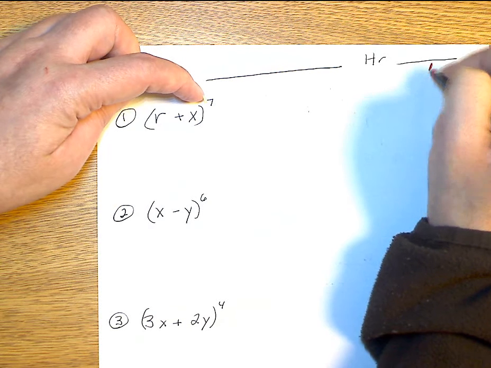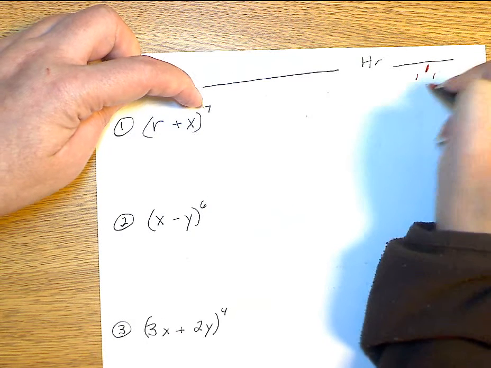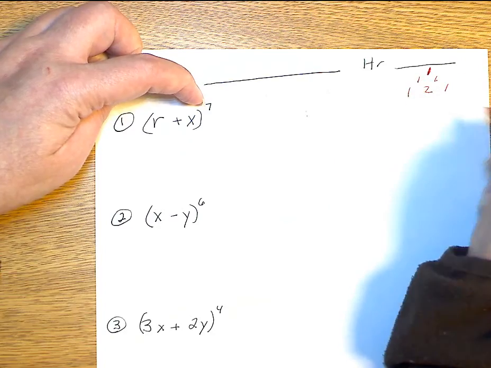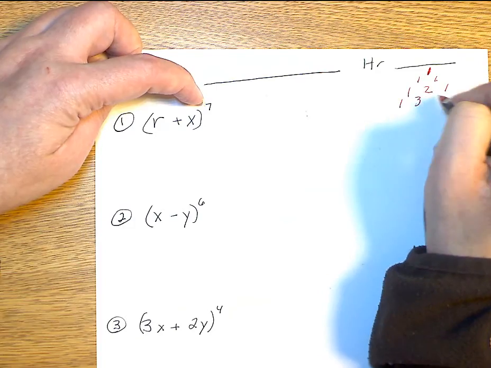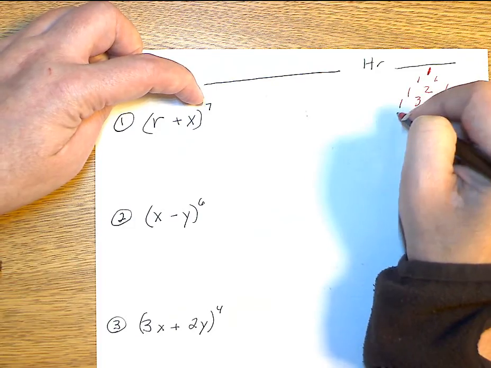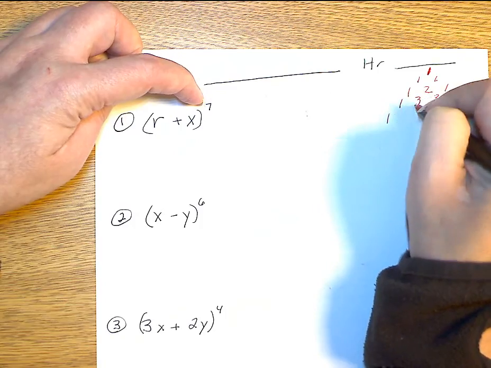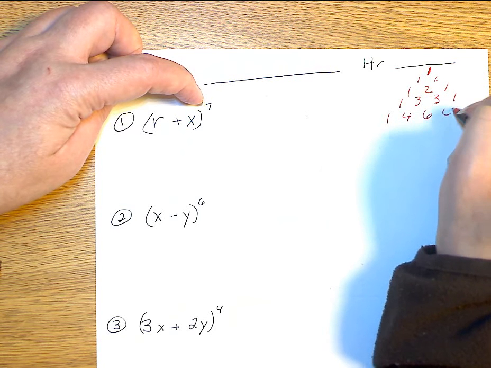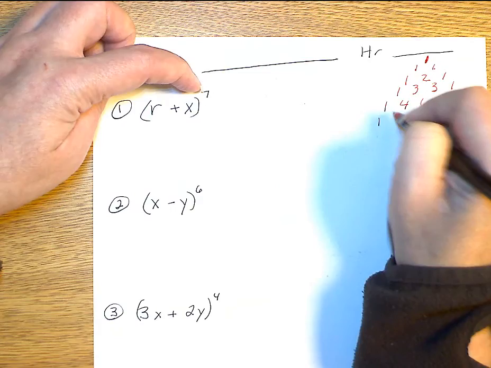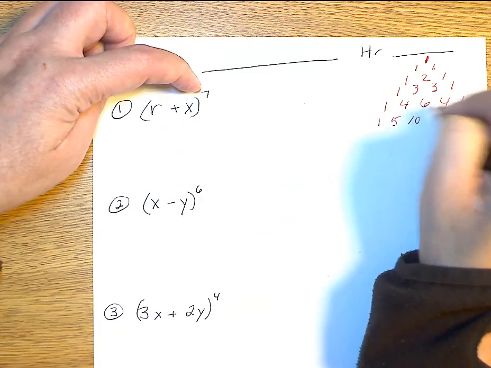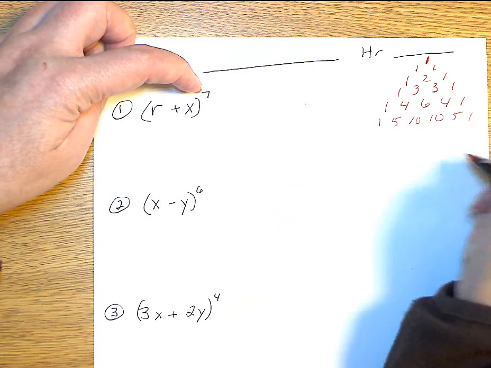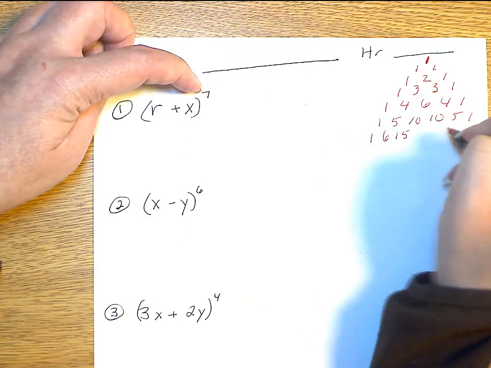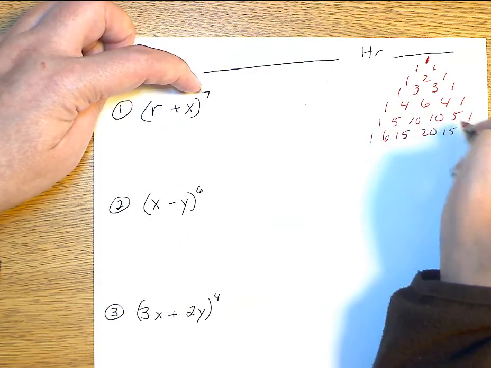But 1, 1, 1. So after you know that it starts with the first 3, then you go 1, 2, 1. 1, 3, 3, 1. 1, and you go 1 and 3 is 4. 3 plus 3 is 6. 3 and 1 is 4. 1. 1, 5, 10, 10, 5, 1. 1, 6, 15, 20, 15, 6, 1.